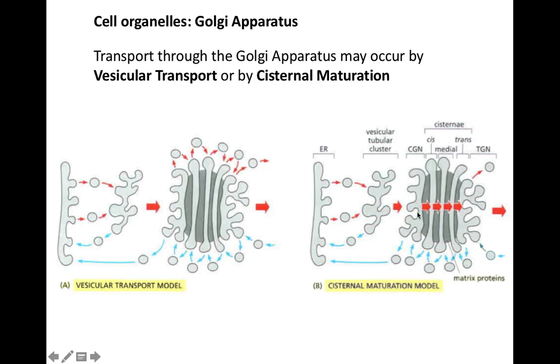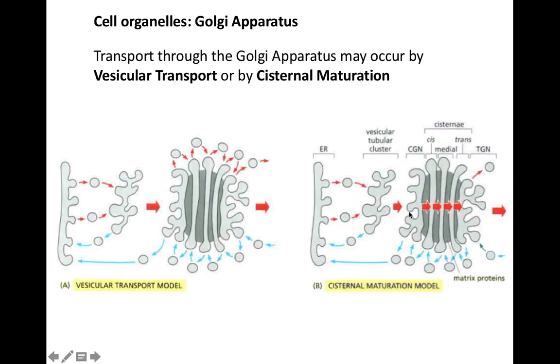Some sort of tagging or post-translational modifications take place here, and then this cisterna is moved to the second place, and the first place is filled up by another vesicular tubular cluster, which is formed by the fusion of the vesicles which were ejected from the ER, and so on.